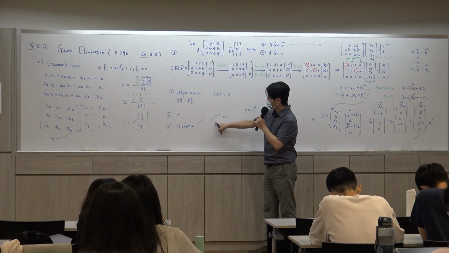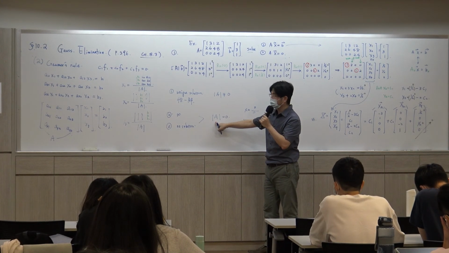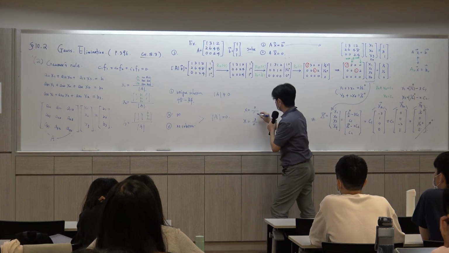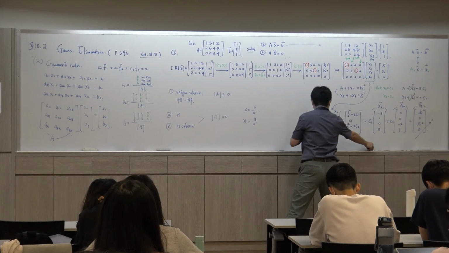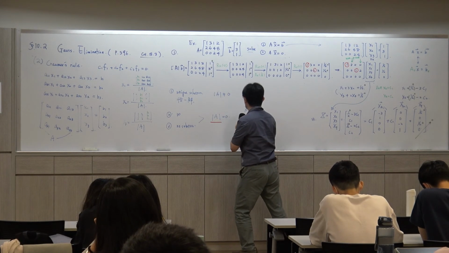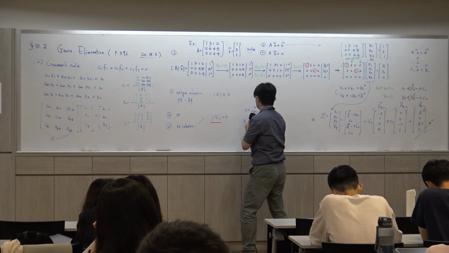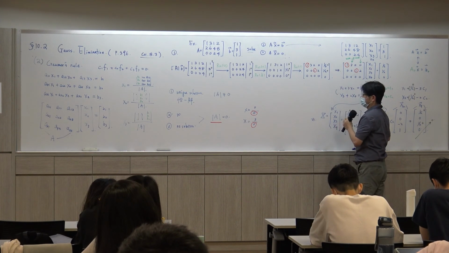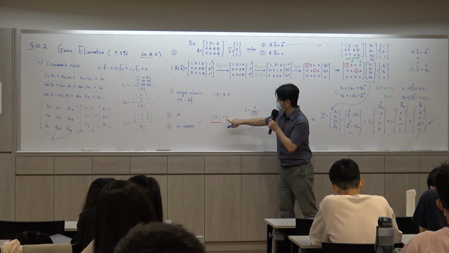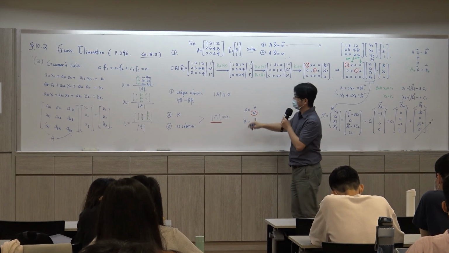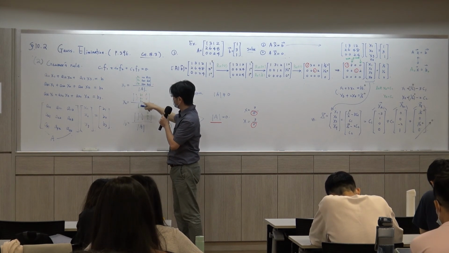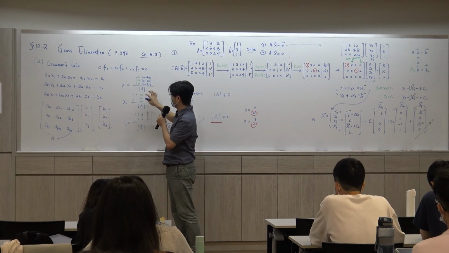Because the determinant of the coefficient matrix is in the denominator, so this, the determinant equals 0. So here, we can calculate the determinant to get a number.